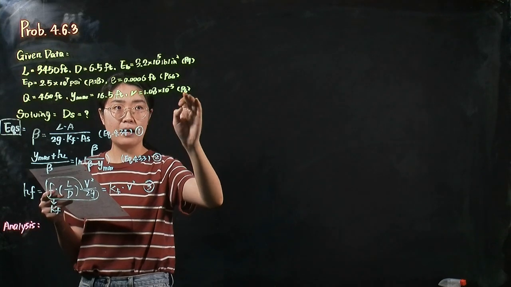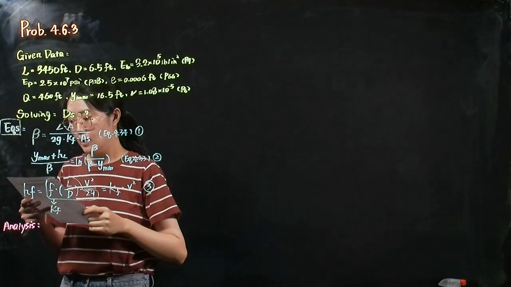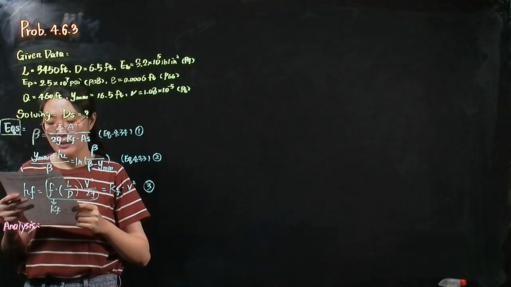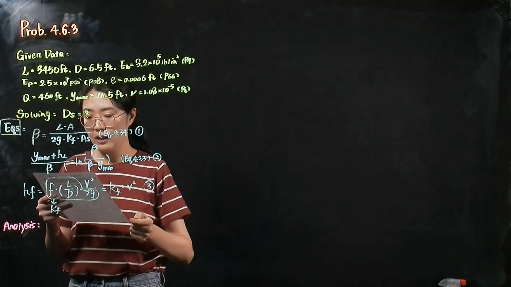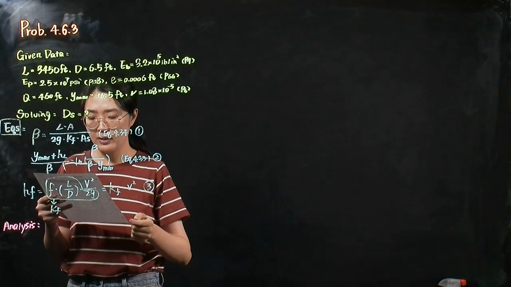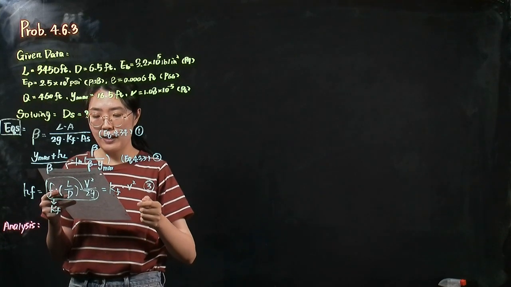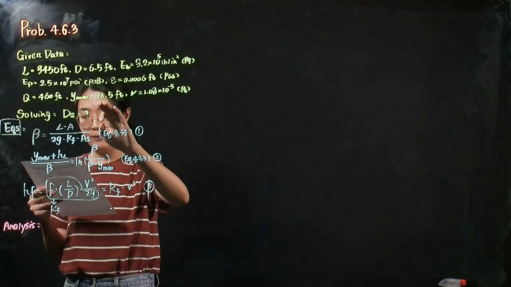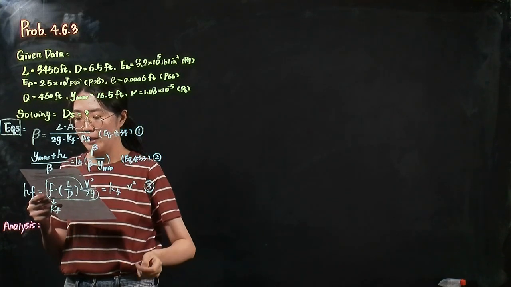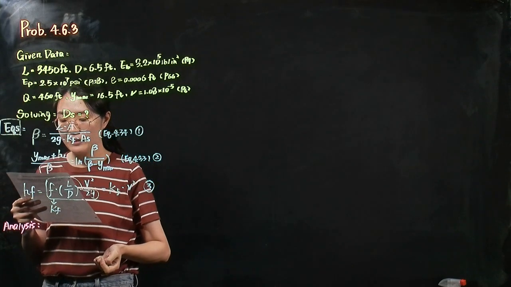We can find it on page 6. In this problem, it asks us to determine the diameter of the surge tank if the water in the tank is allowed to rise to an elevation 16.5 feet above the feeding reservoir after the flow is suddenly stopped.